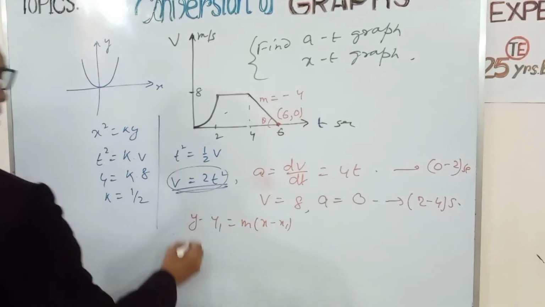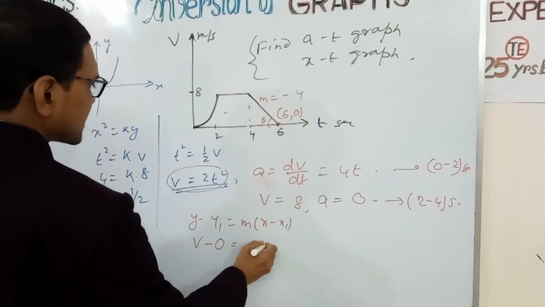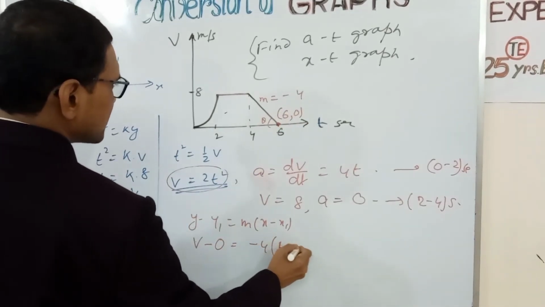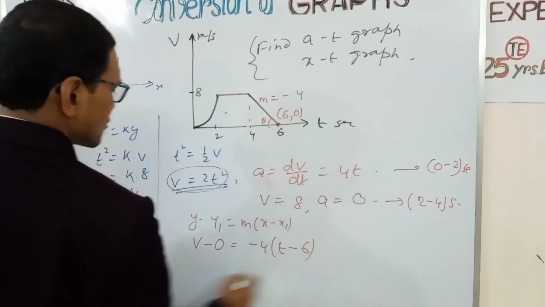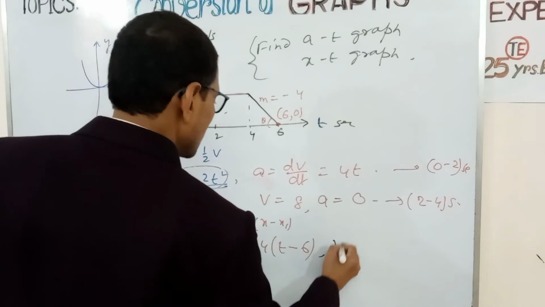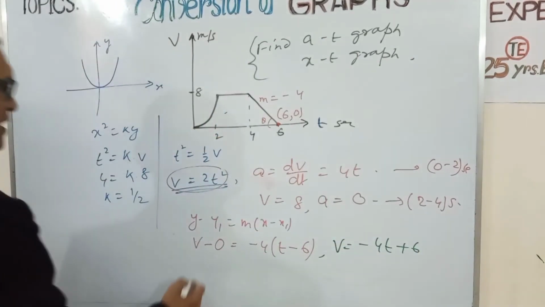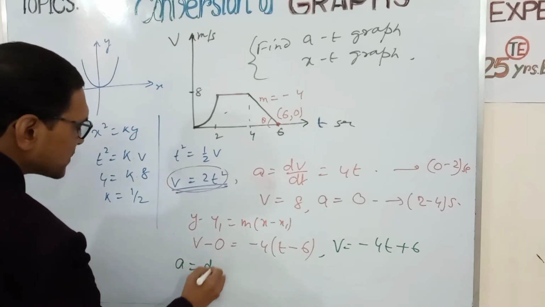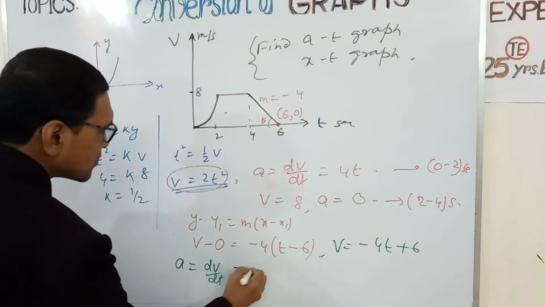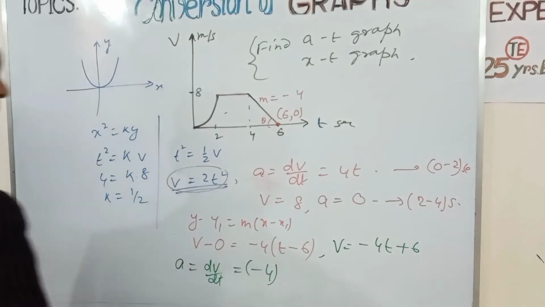Here y is along v, so v minus 0 equal to minus 4 into t minus 6. So the equation becomes v equal to minus 4t plus 24. Now what is the acceleration? Acceleration equal to dv by dt, so acceleration equal to minus 4.